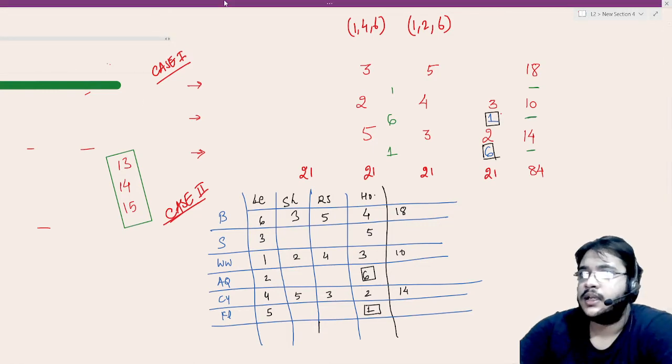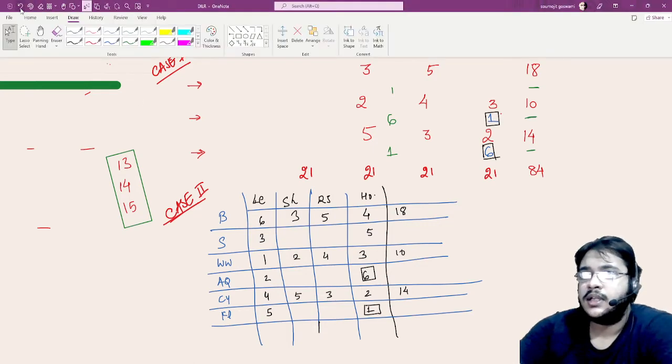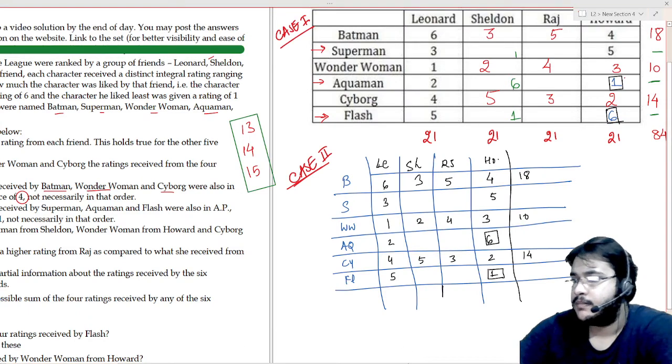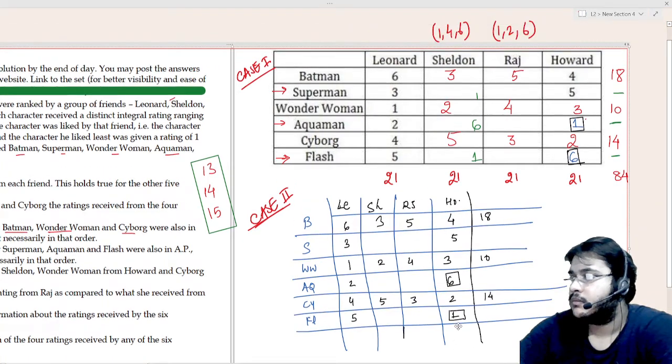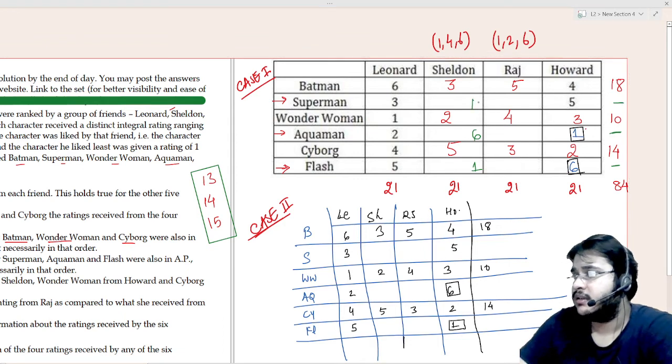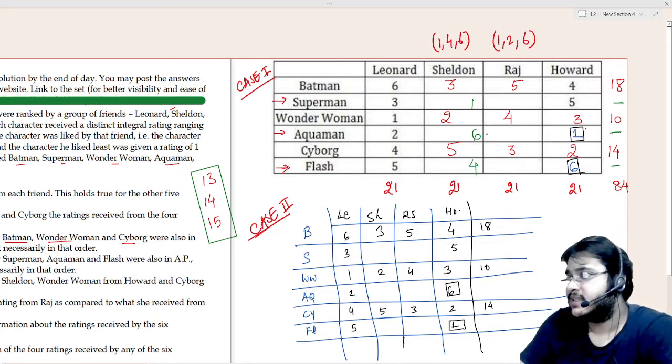This is the type of nonsense that keeps on happening. Okay, so as I was saying, let me put 1 over there and 4 here and 4 here, and 6 can be there.